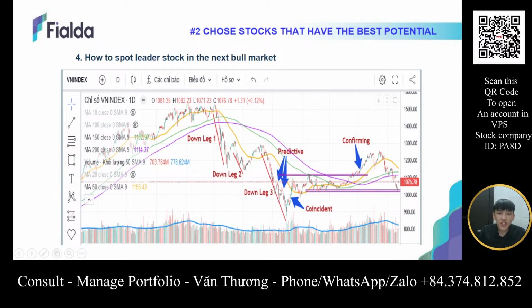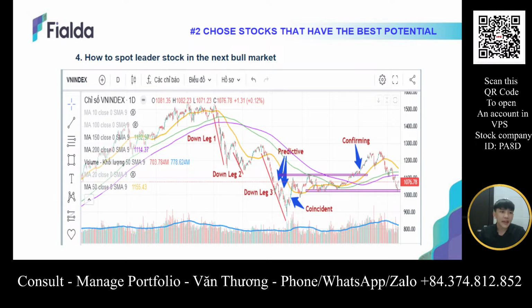While the general market makes new lows, the leader stocks make higher highs.